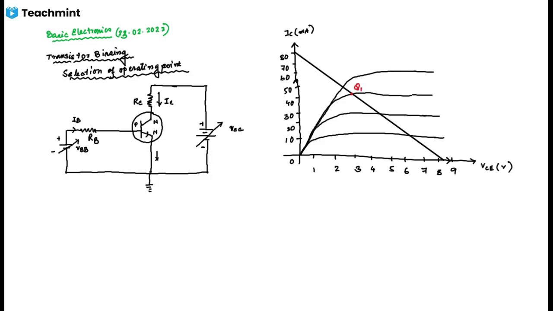Next point is Q. This is our Q. And the last but not the least, this is the Q2.